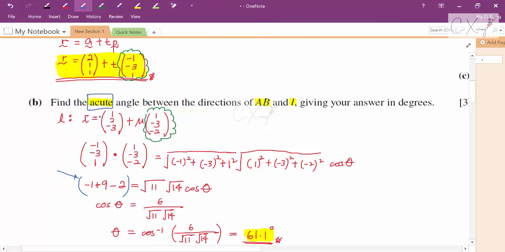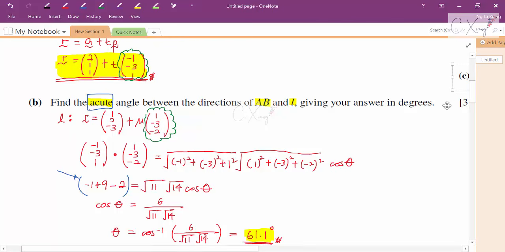So for an acute angle, when you take cos inverse, to get the acute angle, it must be positive. Okay, so just in case you get a negative value for this dot product, when you want to find theta, just make sure that you ignore the negative sign in this case. All right, so this is what we have for part B.